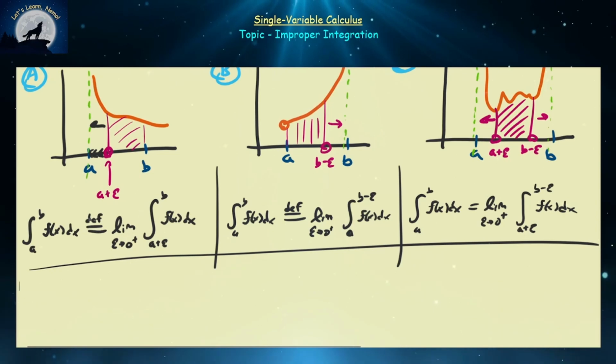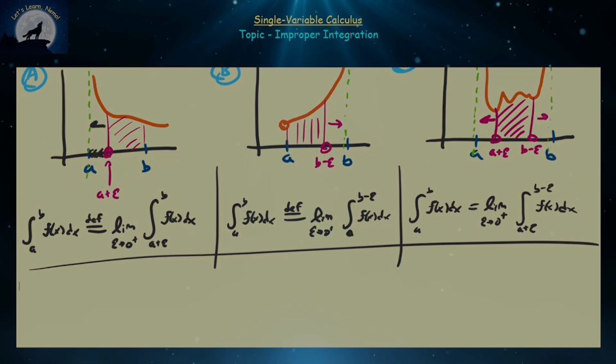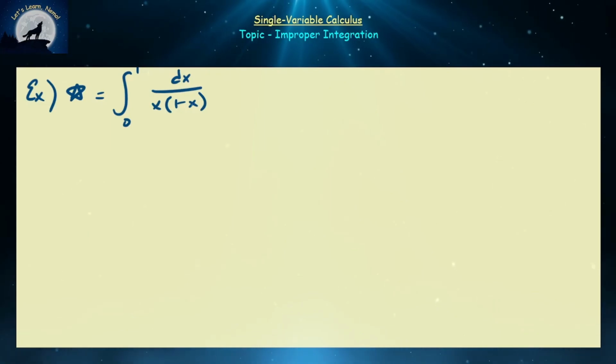Now let's work through an example to demonstrate how to use these new definitions. Let's assume that we're interested in finding the integral from 0 to 1 of 1 over x times 1 minus x. It's very easy to see that this function is a rational function with vertical asymptotes located at x equals 0 and x equals 1, and it's going to be continuous everywhere inside of it.